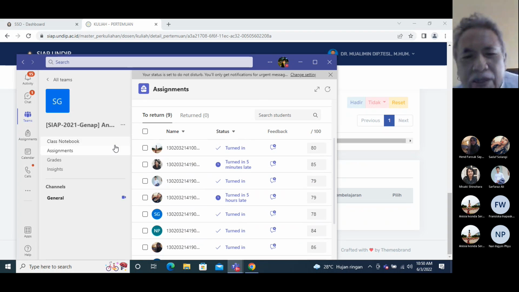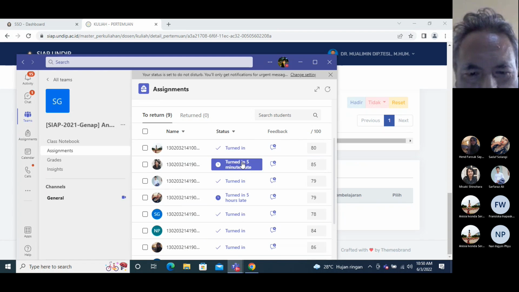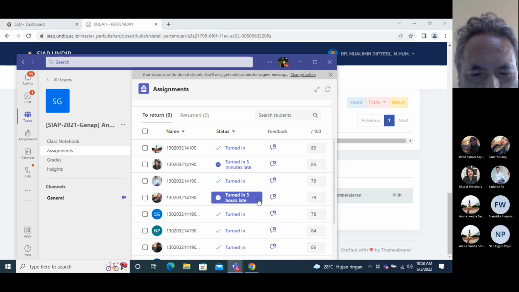Okay, here is the report. Fonda turned in, and Pumisaki turned in a bit late, 5 minutes late. Savaros turned in. Sadaf was 5 hours late instead of 5 minutes. Sadaf, it's too late.